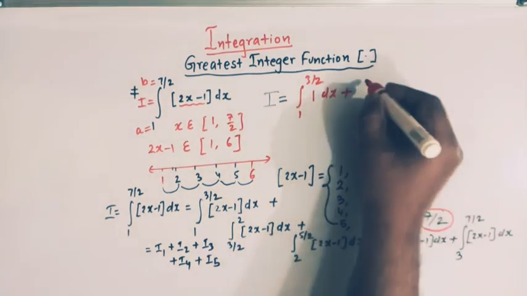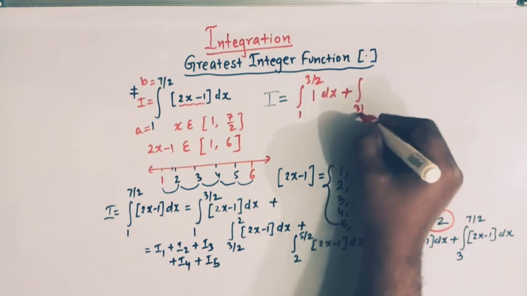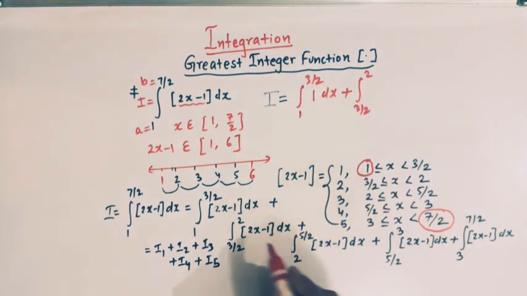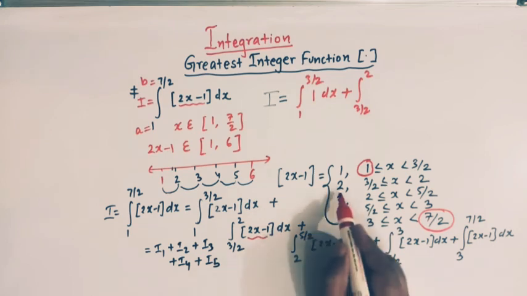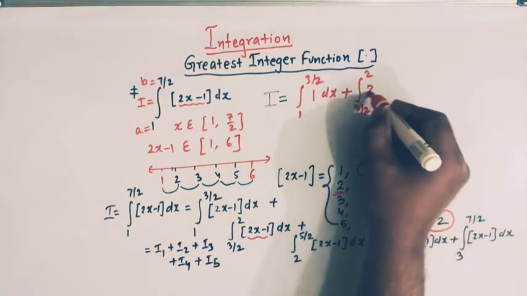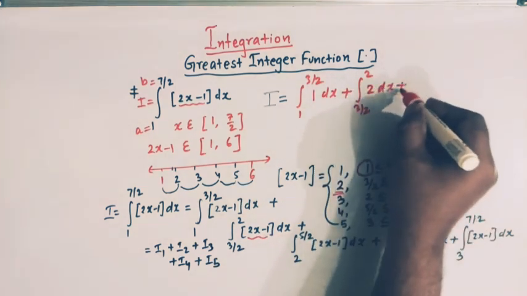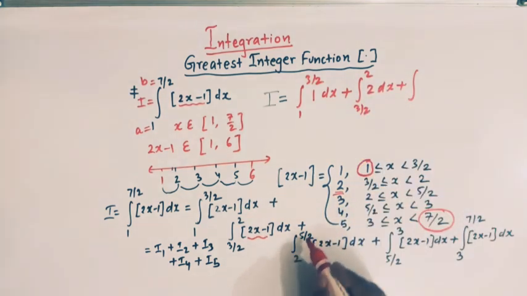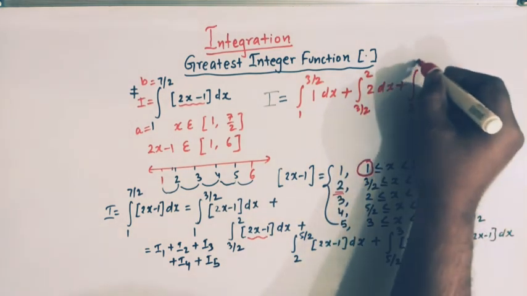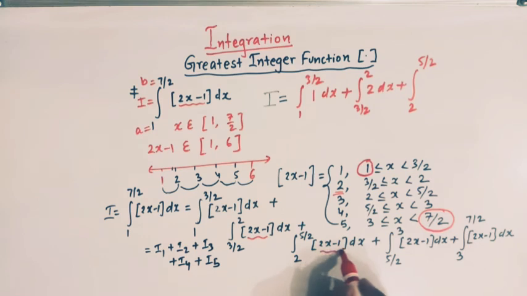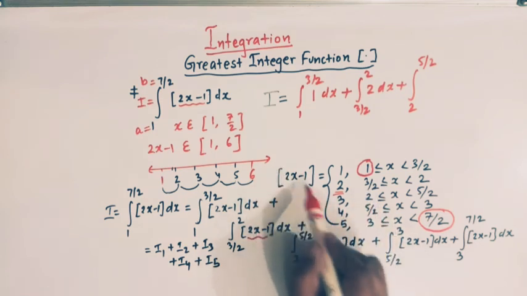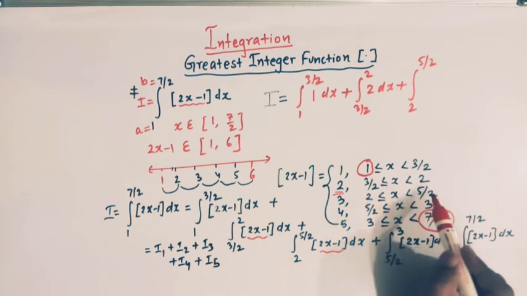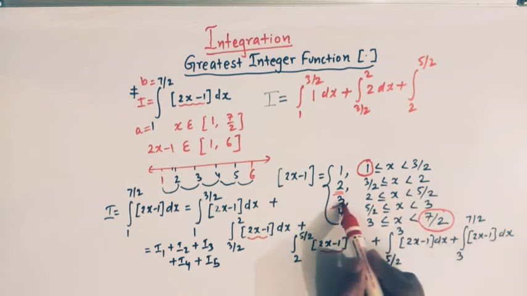Similarly, in the second integral we have 3 by 2 to 2, and the value is 2. So we have here 2 dx, plus 2 to 5 by 2, and the value of the greatest integer function 2x minus 1 between 2 and 5 by 2 is 3.